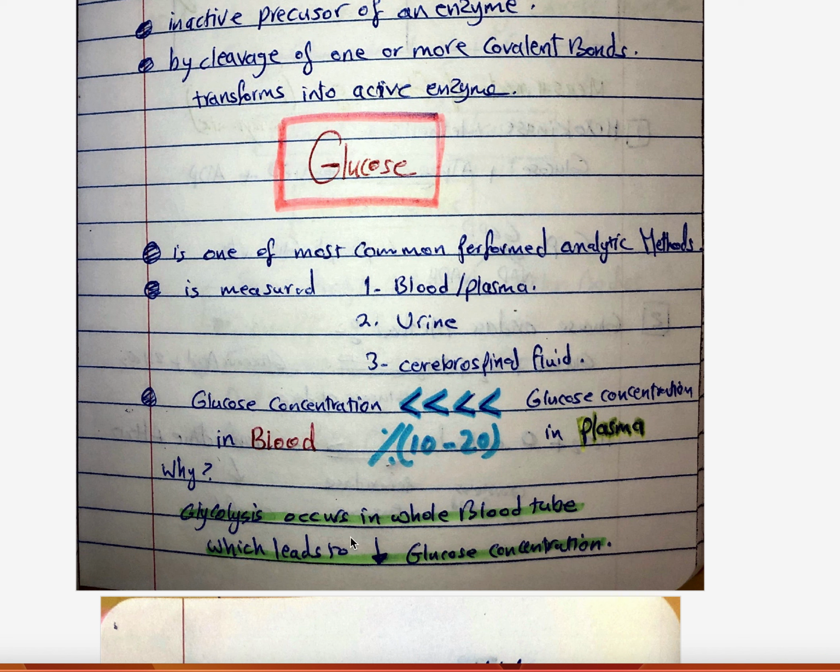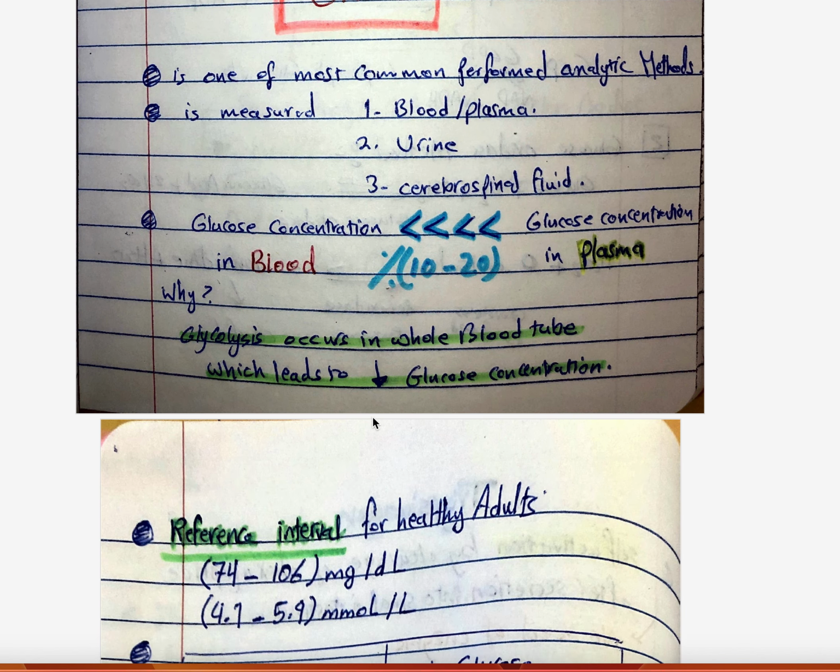Because glycolysis occurs in the whole blood tube, which leads to decreased glucose concentration. Glycolysis, the breaking down of glucose, happens when there is whole blood, and that leads to a decrease in the glucose level. That explains why the glucose level in the plasma is 10 to 20% more than the glucose present in the whole blood.